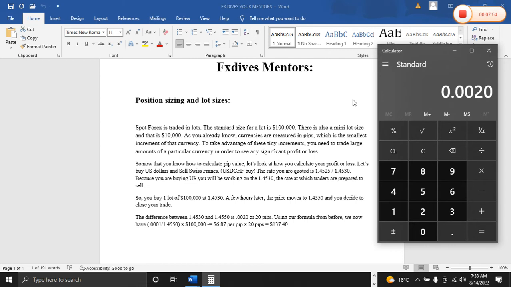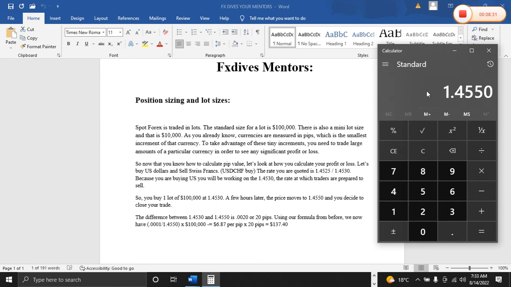So now we take these 20 pips times the $6. $6 times 20 pips is $120, which we made on the difference of 20 pips, because the price of our currency pair moved from 1.4530 to 1.4550. The difference between these exchange rates was 20 pips.